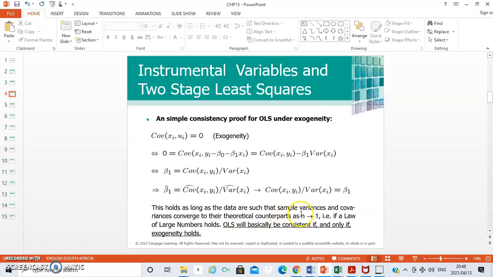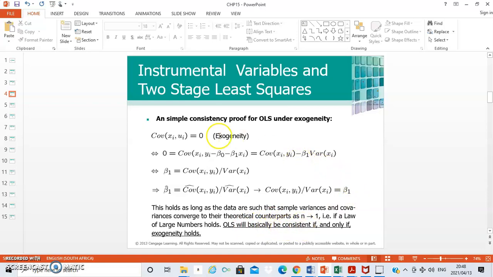It basically means that as the number of observations tends to infinity, in other words, when you are applying the law of large numbers, okay, this you must have come across either in econometrics 3 or econometrics 2 or even in statistics, where the law of large numbers is applied. Then we say OLS will be consistent if and only if exogeneity holds.